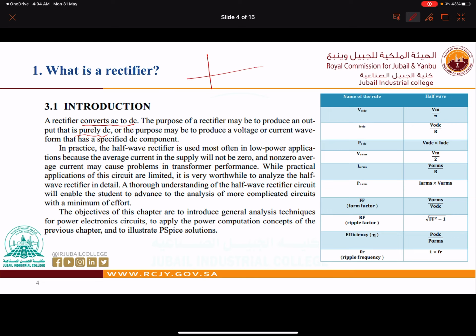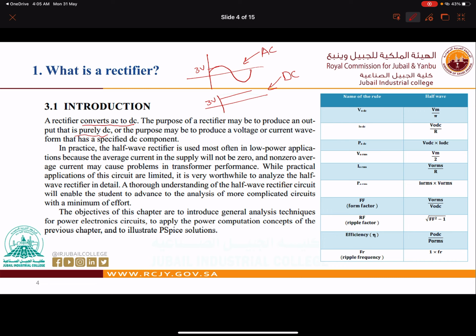We know that an AC wave is like this. This is an AC wave, right? And this is a DC wave with a big value, let's say 3 volt, and the AC wave here also has 3 volt. Now this is DC, right? And here we have the AC wave.